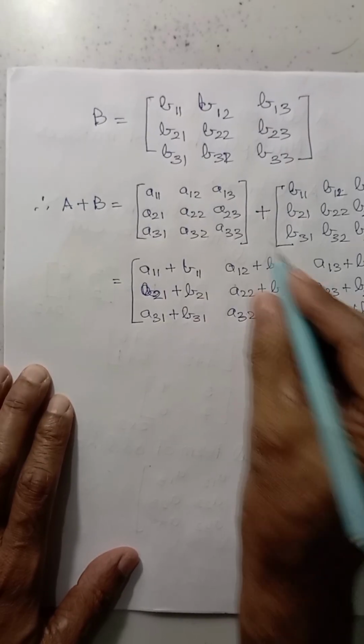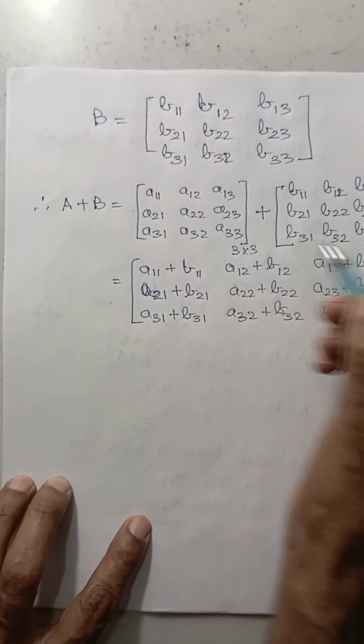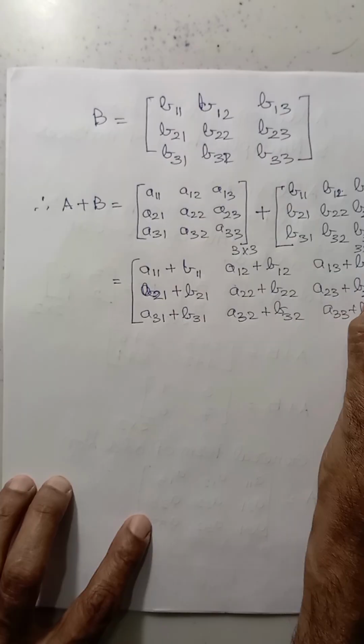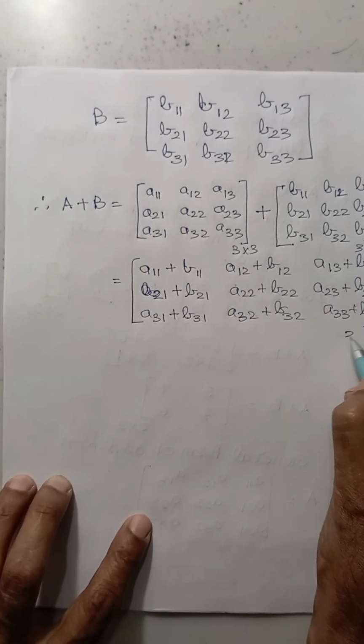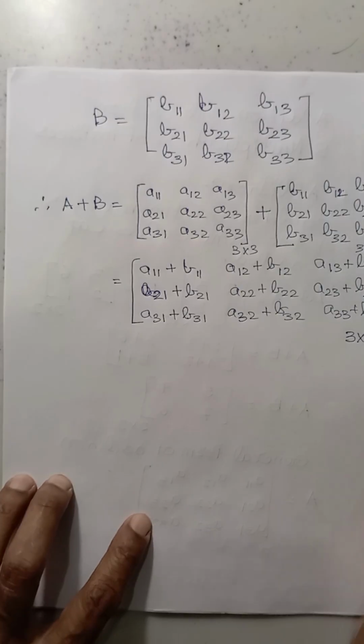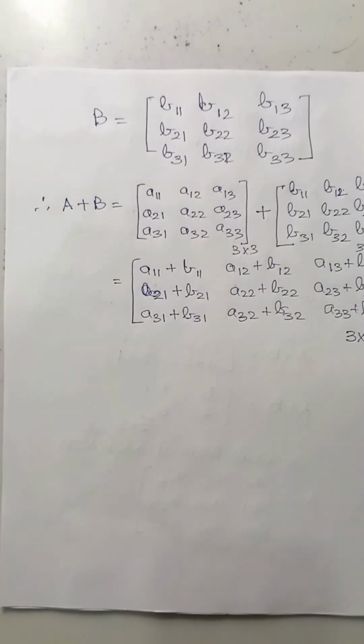And this was a matrix of 3 into 3, and this was also 3 into 3, and the resultant matrix after addition will also be 3 into 3. So this is the process of addition of matrices.